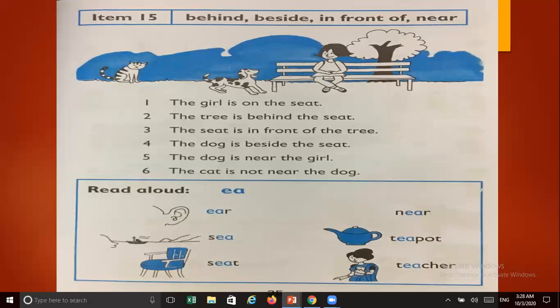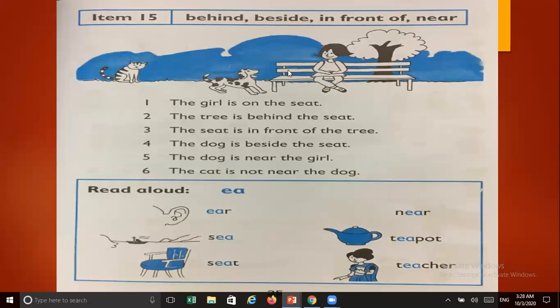Number 4, the dog is beside the seat. You can see the seat. This is the seat, and the dog is beside the seat.